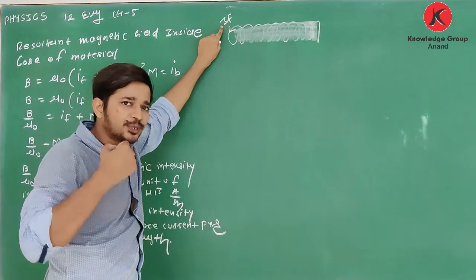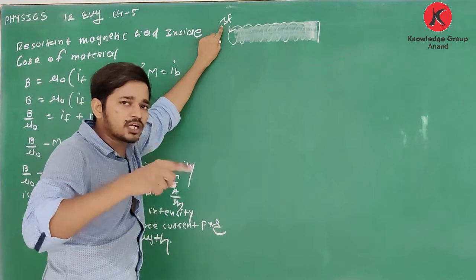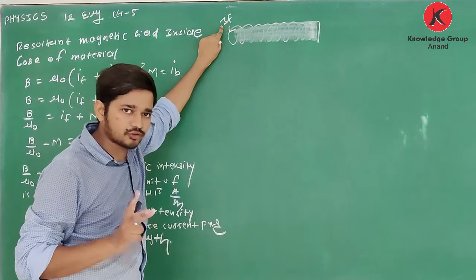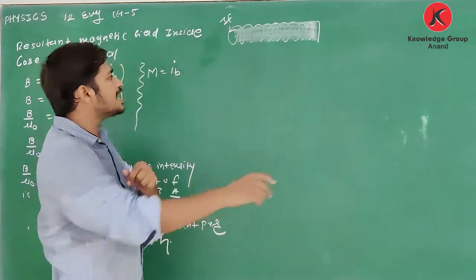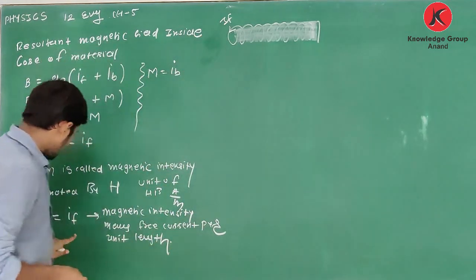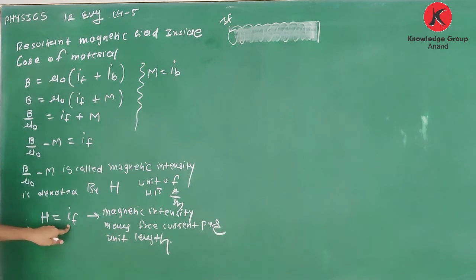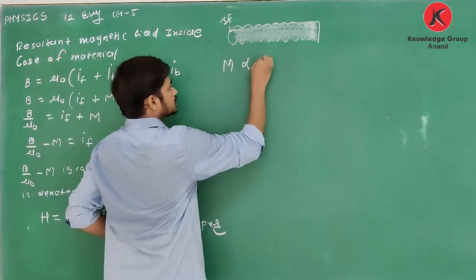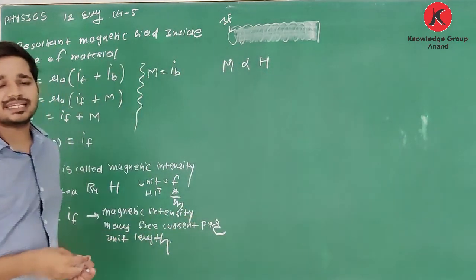Resultant magnetic field is produced, and bound current IB is produced. Due to that, we can say magnetization is achieved. Yes or no? So yes, this small IF, that is magnetic intensity, is free current per unit length. From experiments we can say magnetization is directly proportional to magnetic intensity.